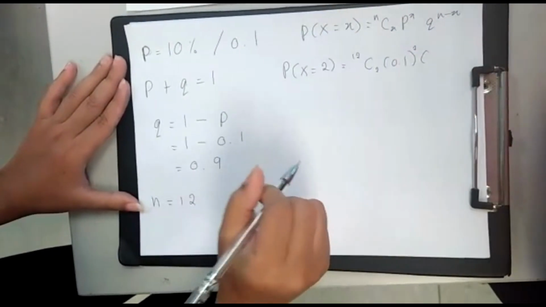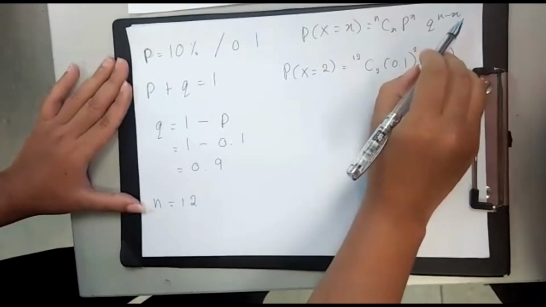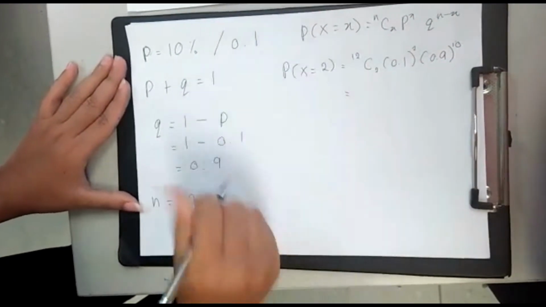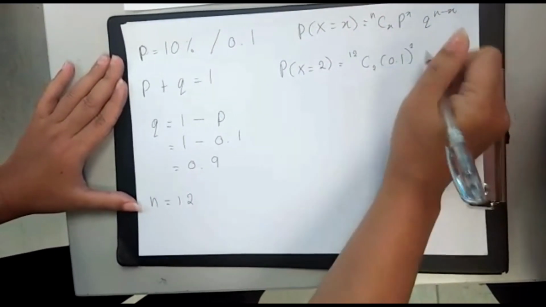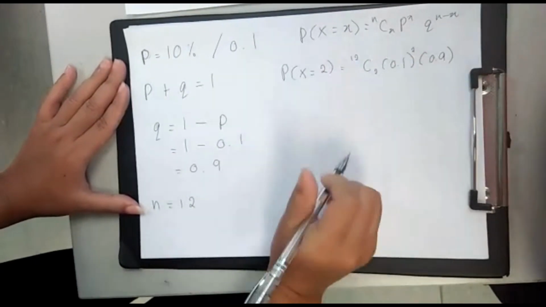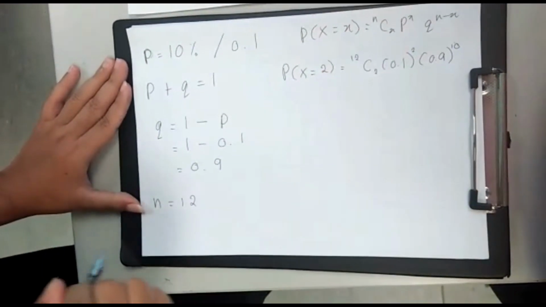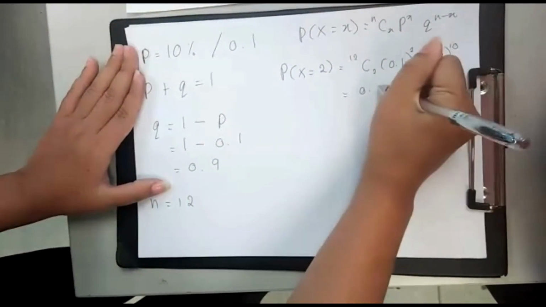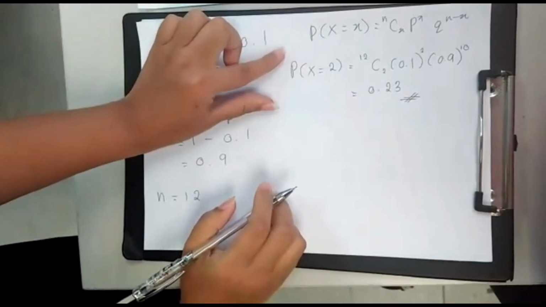And the probability of failure is 0.9 to the power of n minus x, that is to the power of 10. So when we do the solution, we get 0.23. That is our answer for the first question.